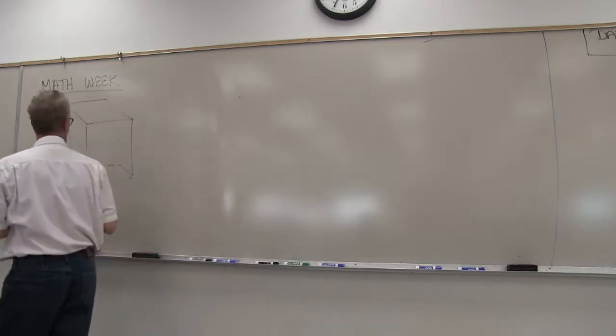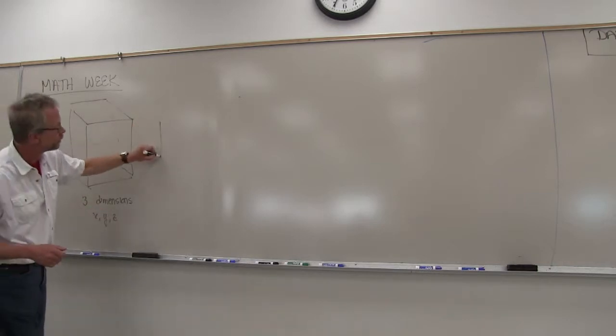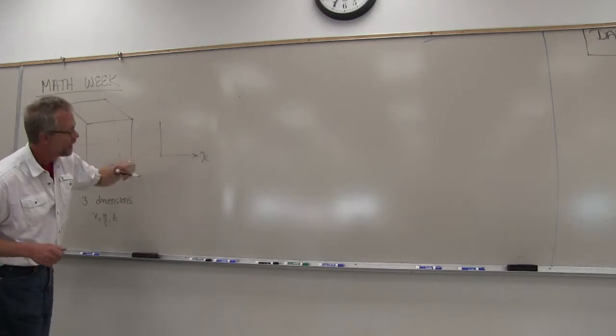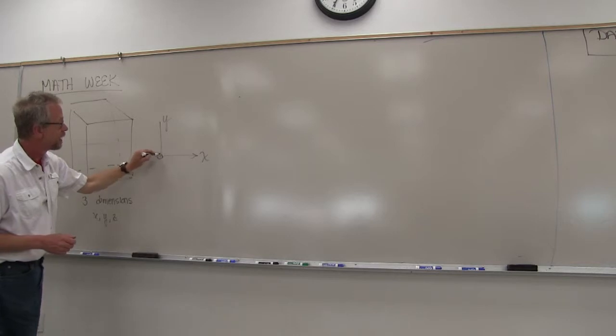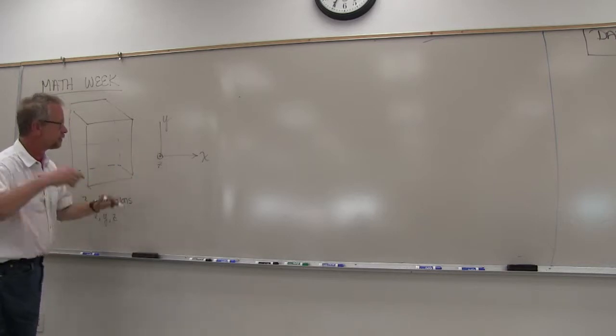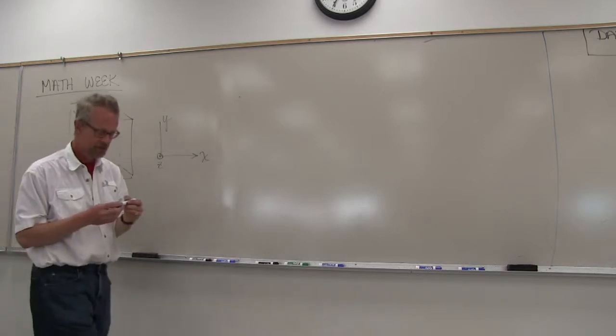But if I talk about a cube full of space, it's clear that there are three dimensions: X, Y, and Z. X goes in this direction, Y goes in that direction, and Z is an arrow that comes out of the board towards us.